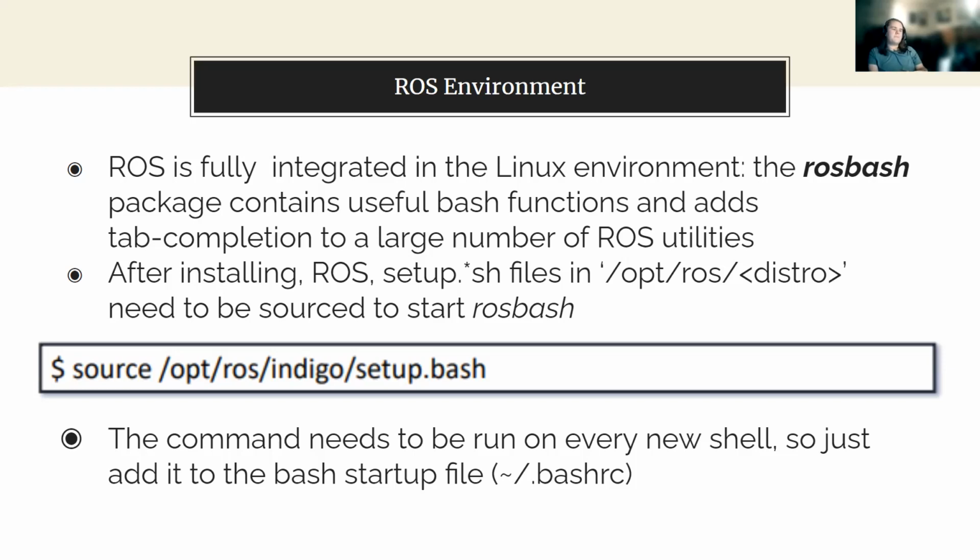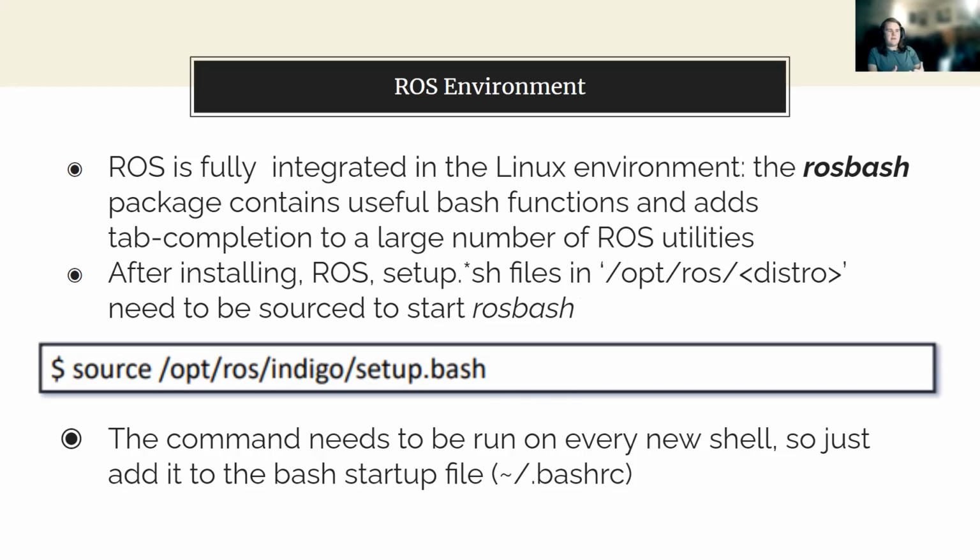So that's what that entire suite of things is called, where you run ROS tools on the command line. It's called ROS Bash. It has a whole bunch of utilities on the command line. And in order to use that, and I know personally this is something that frustrated me, you have to run a command where you're sourcing some file that ROS sets up, and it essentially initializes all these commands and allows you to use them.